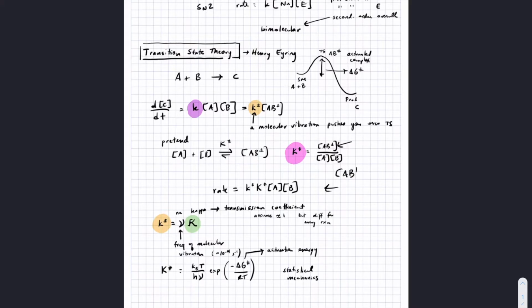And the rearrangement I sort of did in my head but didn't show you is if you want to substitute out the concentration of the activated complex, which we don't know, you can do it this way.